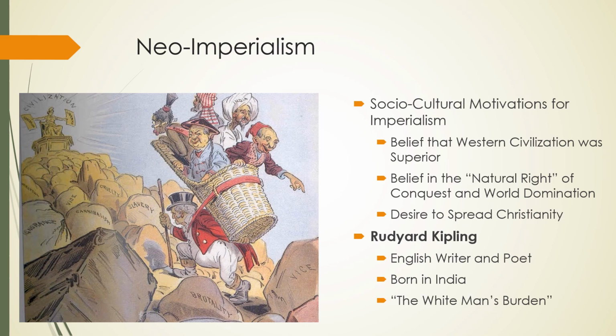Now, something like that economic motive can be controversial. The military motive can be controversial. This one here, though, is very controversial, especially in the climate that we live in today. So we might need to do a little bit more explaining here just to try to wrap our brains around this concept. We have socio-cultural motivations for imperialism.